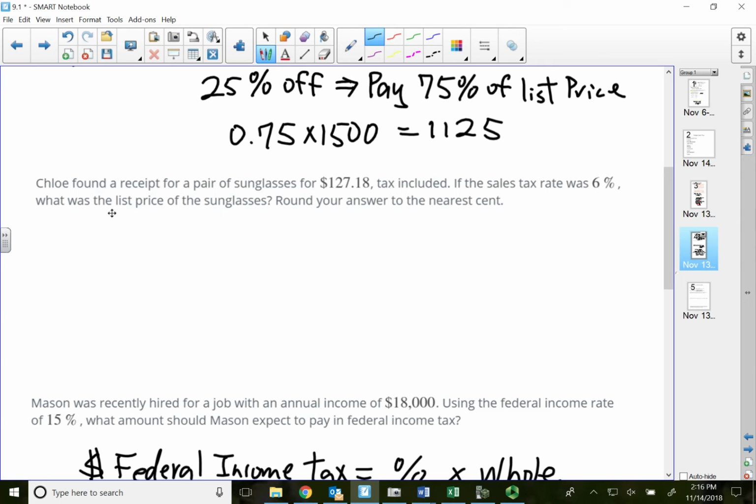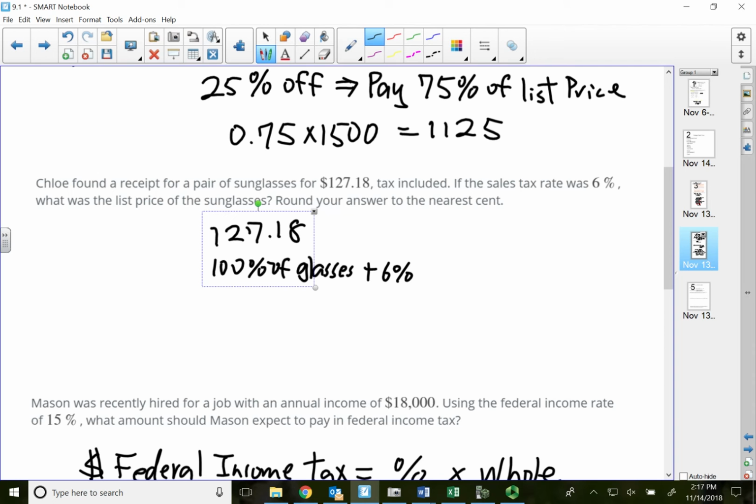Chloe found a receipt for a pair of sunglasses for $127.18. That is tax included. So what that means is inside this $127.18, it has 100% of the sunglasses in it, plus so many percent tax, which the problem told me the sales tax is actually 6%.